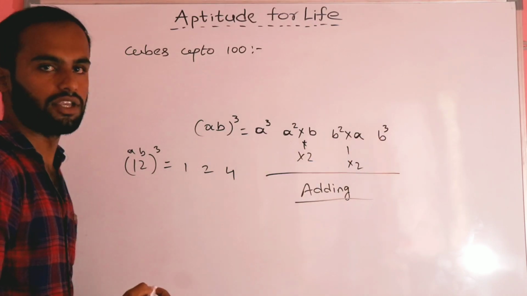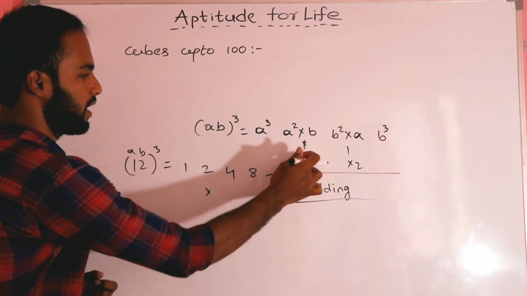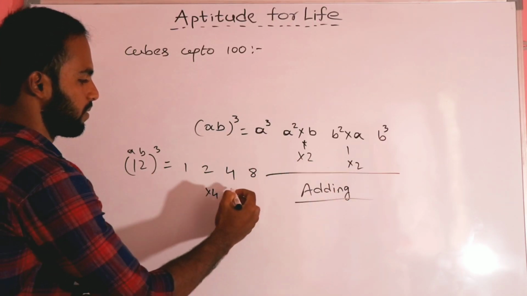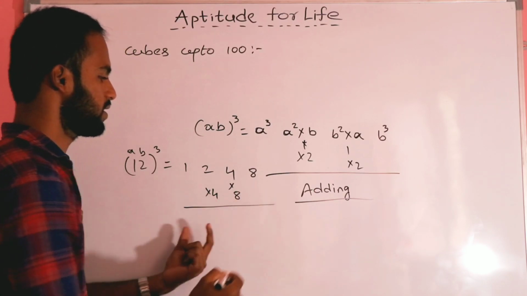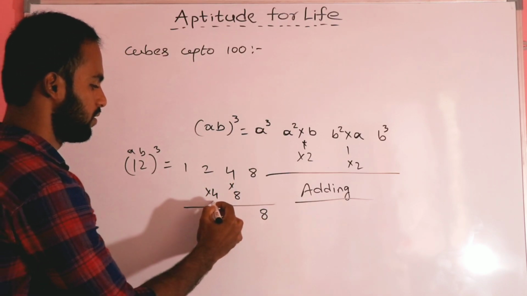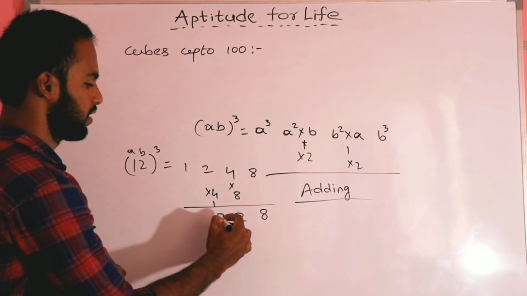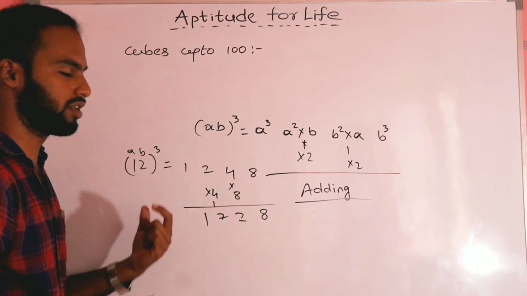Final one is B cube, so 2 cube is 8. Here we need to multiply by 2, so 2 2s are 4. Here also we need to multiply by 2, 4 2s are 8. So the final step is adding. 8 plus 4 is 12, 4 plus 2 is 6, 6 plus 1 is 7, 1. 1728 is the answer for 12 cube.